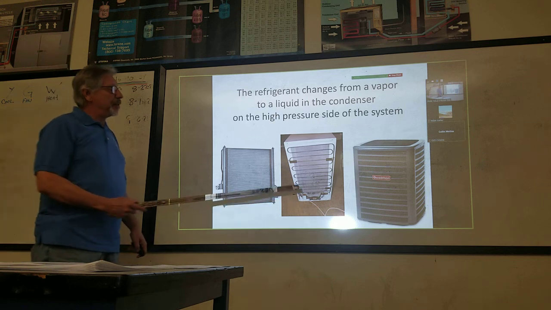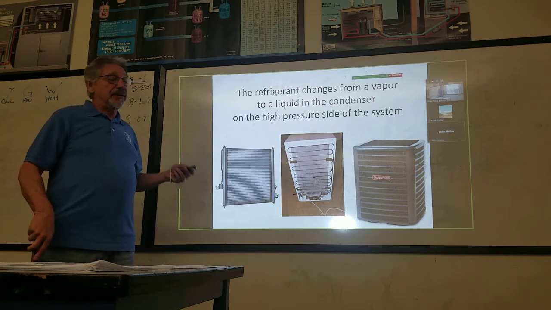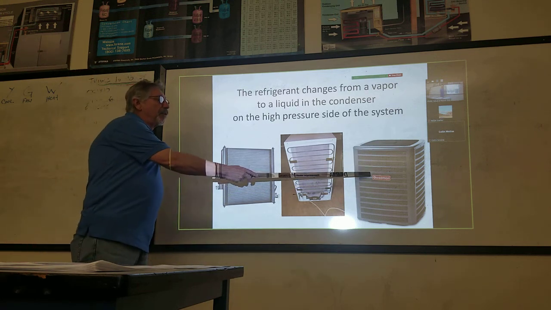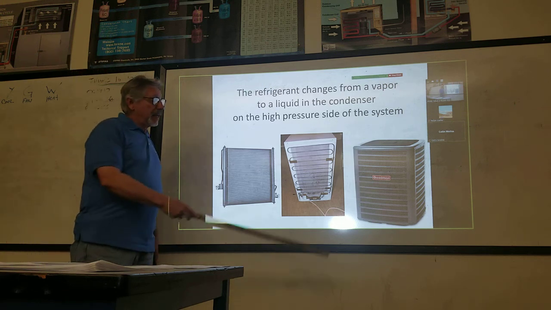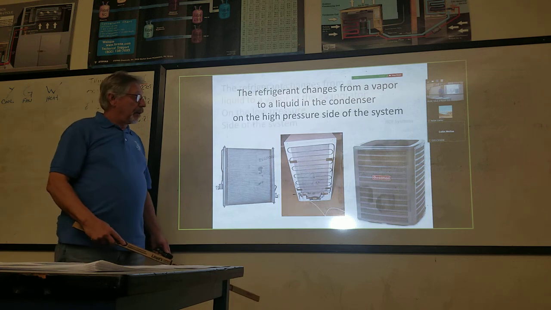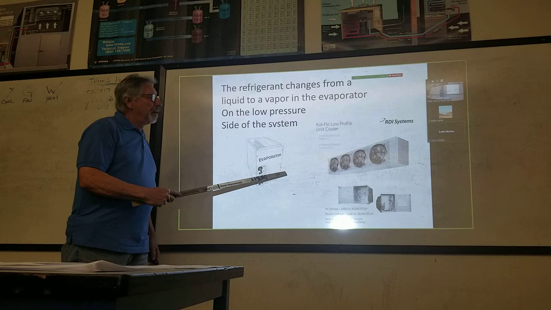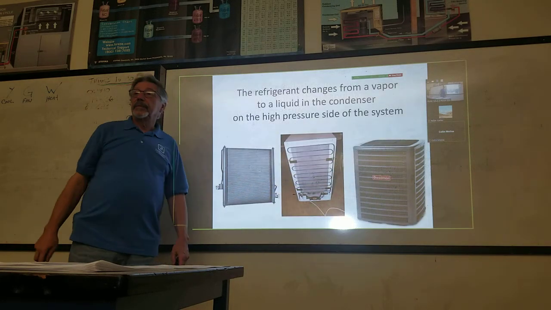Okay, so that's what happens in the condenser. It's going to change back into a liquid, and it's going to reject the heat from the inside of the structure, the heat that was picked up from the evaporator. As the evaporator absorbs the heat, that heat gets rejected out of the condenser.